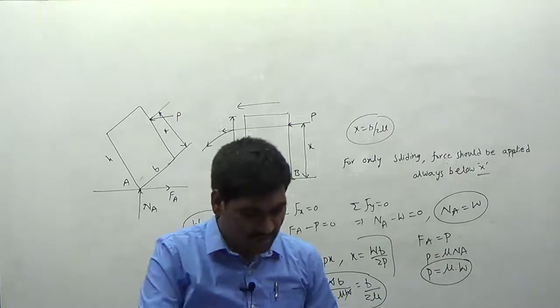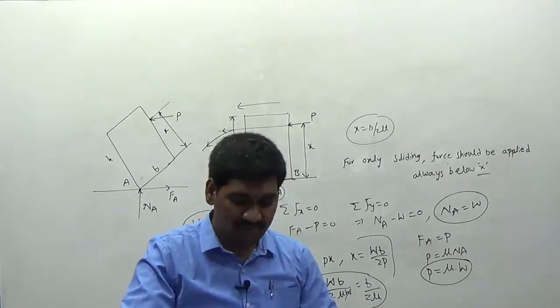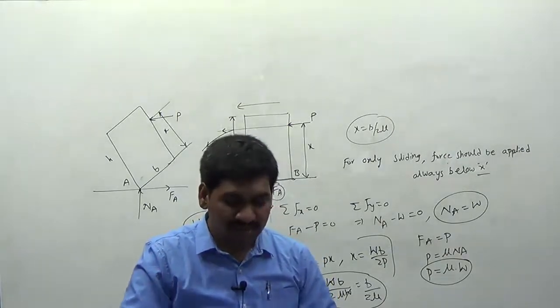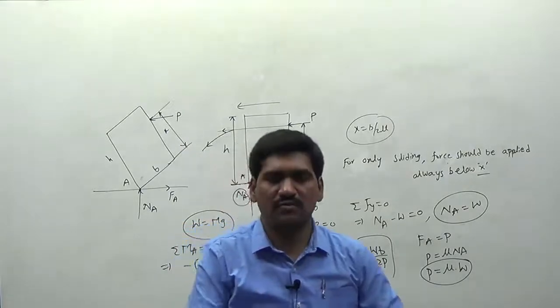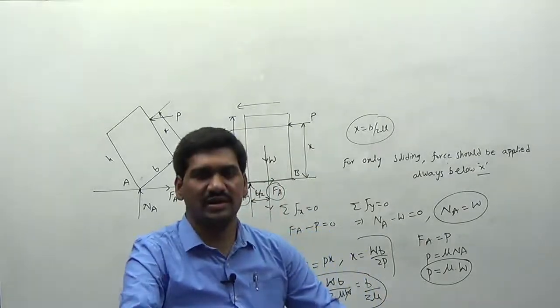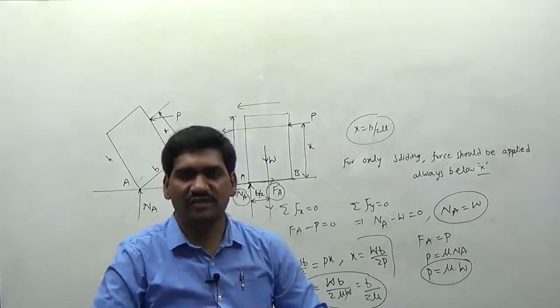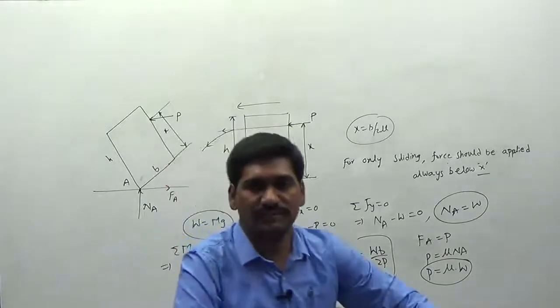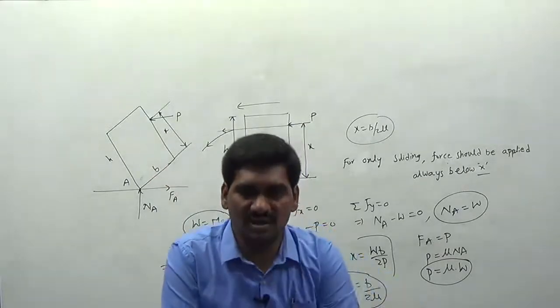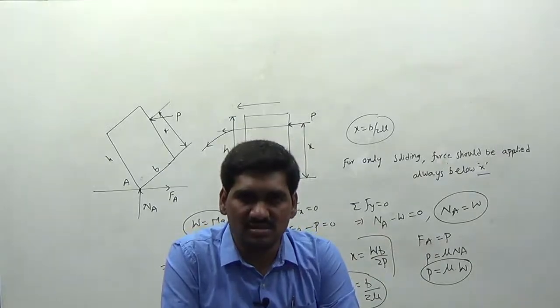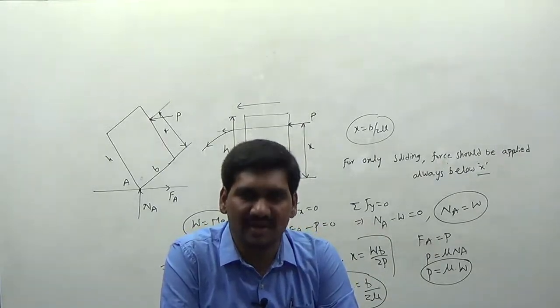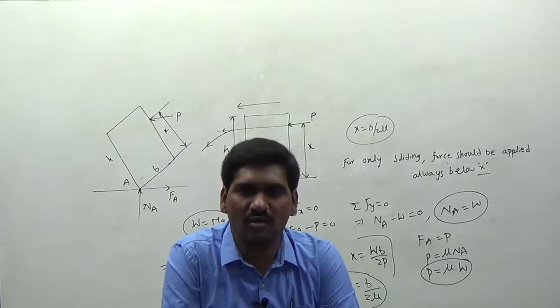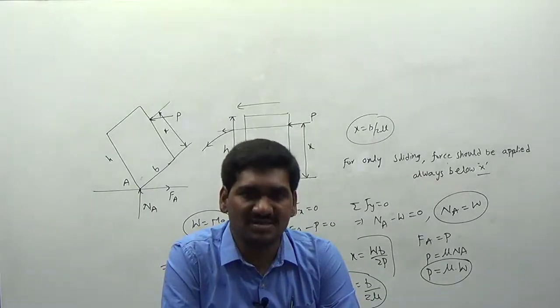Okay, now let us go for some problems from previous question papers. Before entering into previous question papers, I want to discuss wheel friction, rolling friction. Till now, we have seen a block sliding over an inclined plane or over a horizontal plane, and we have seen the direction of friction.